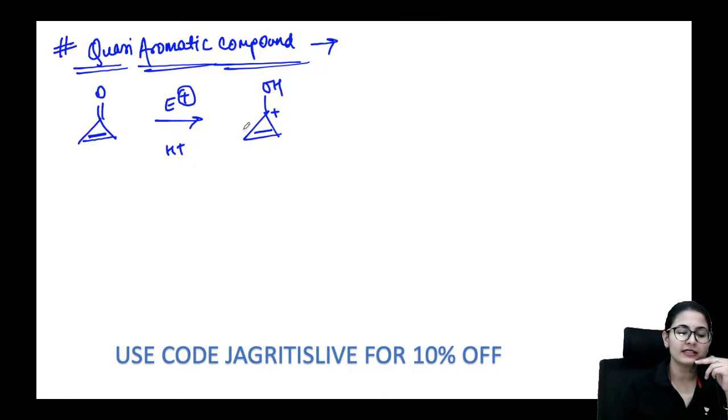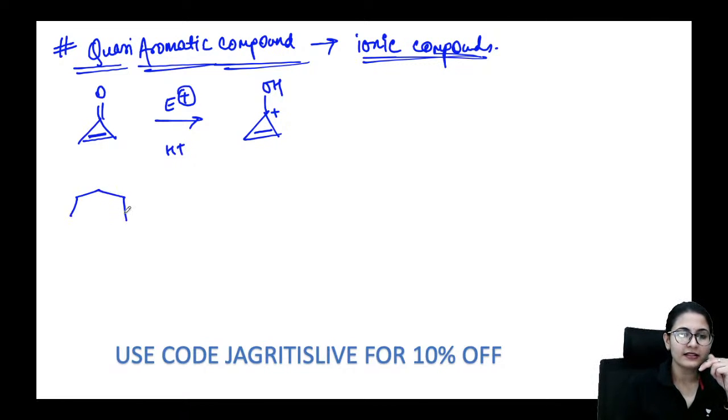So this system becomes aromatic. It is stable. Yes, this is quasi aromatic, meaning almost aromatic. So how can we make an almost aromatic compound? By forming ions. So ionic aromatic compounds. Ionic aromatic compounds. Okay.